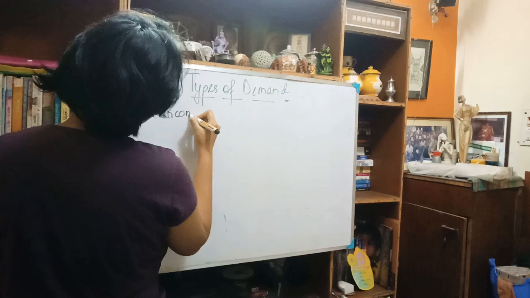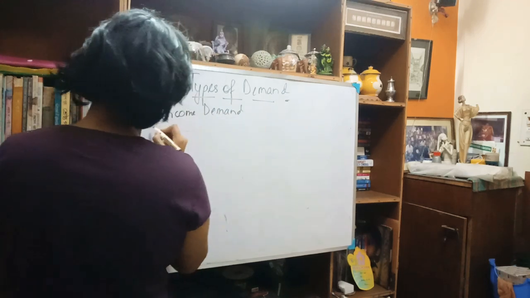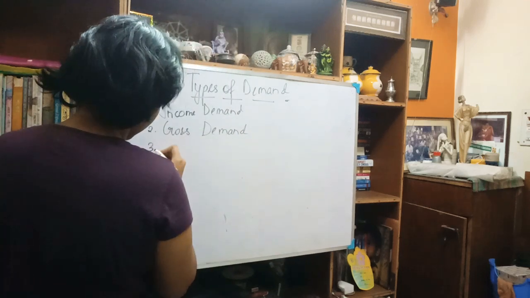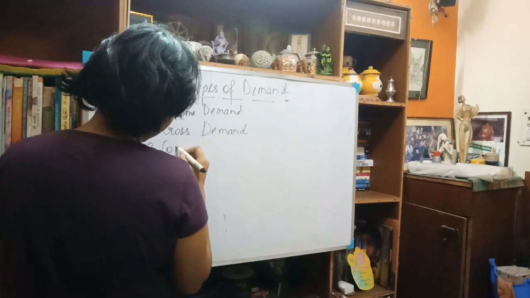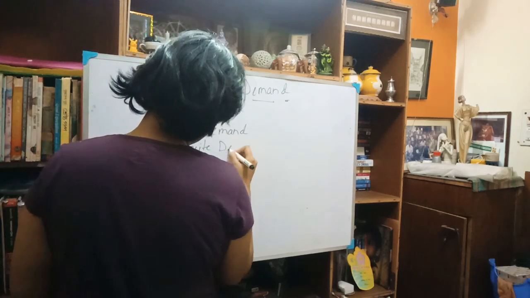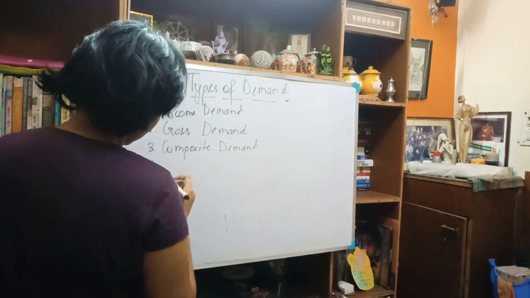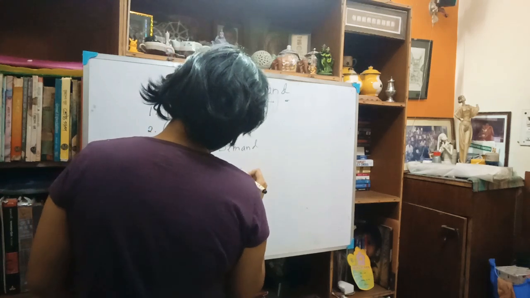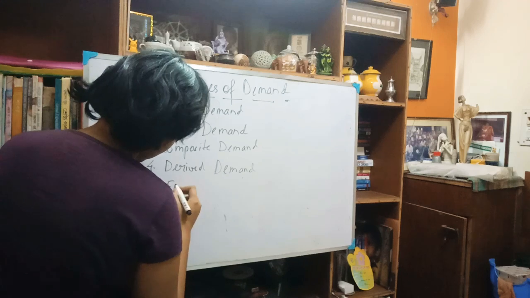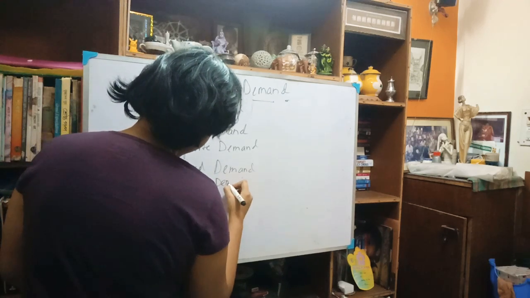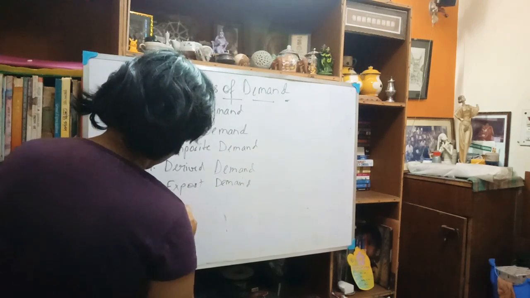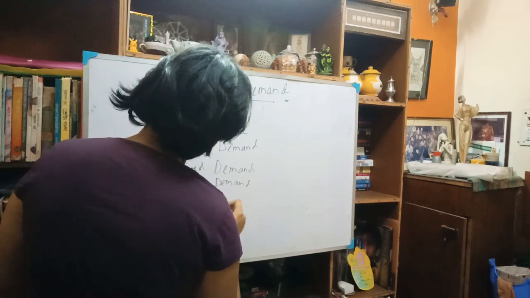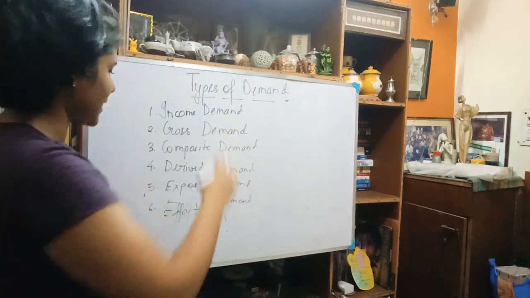Income demand, cross demand, then we have composite demand, substitute demand, and also derived demand, exposed demand, and last exempt, and the last one is effective demand. These are the types of demand in general.